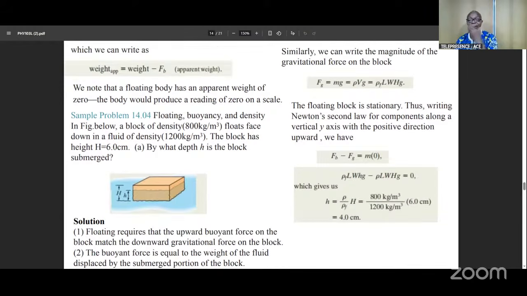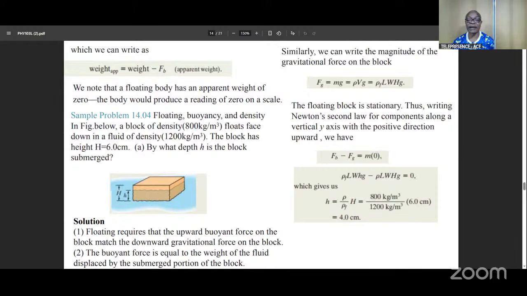So really, the density of the block, the density of water, everything comes into play. If you cancel the width, it's still the same width, and the length has been submerged. It's only the height difference on that left hand side, and that height also appears in the first term and the second term.